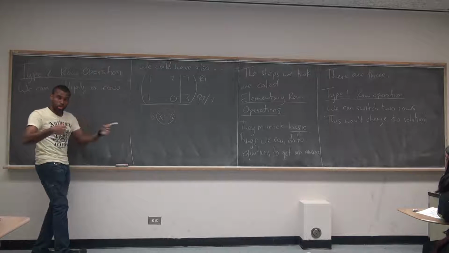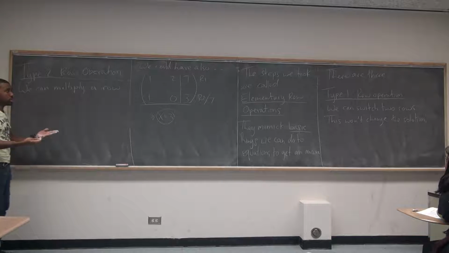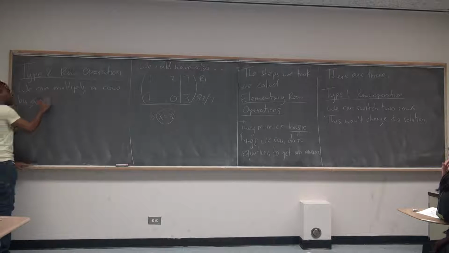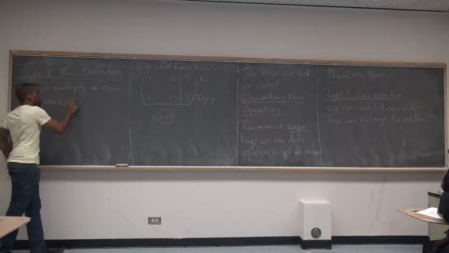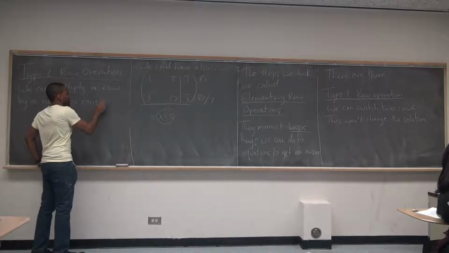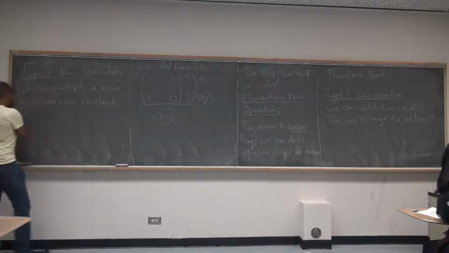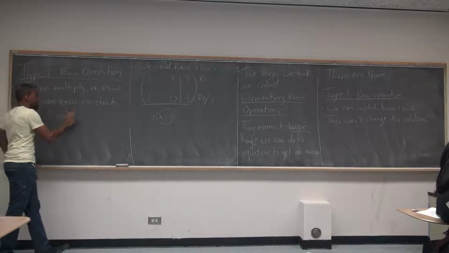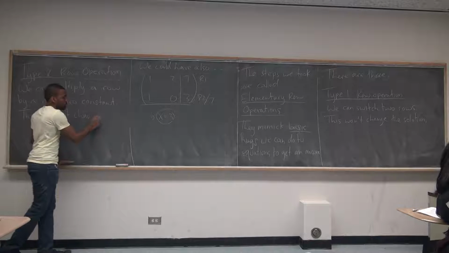Remember, each row represents an equation. I can multiply an equation by a non-zero constant on both sides. It says I can multiply a row by a non-zero constant. This will not change the solution. It only helps to put it in a more convenient form.